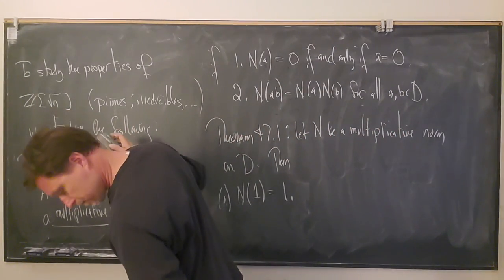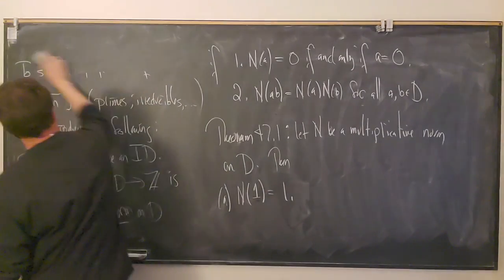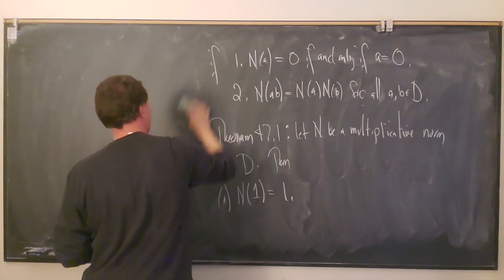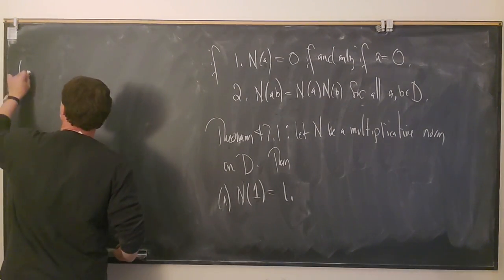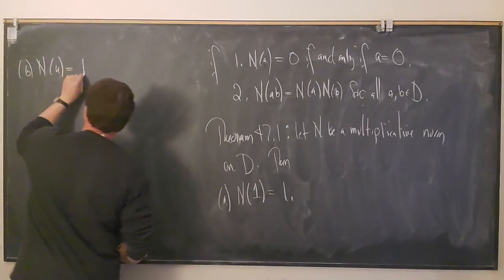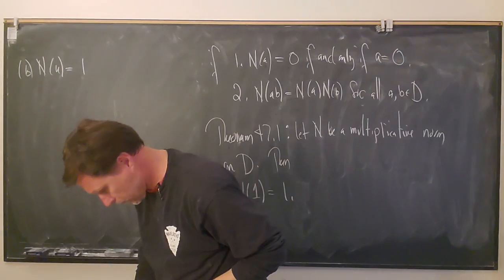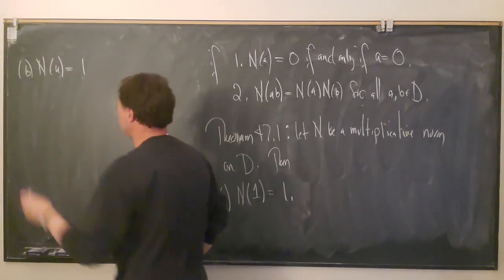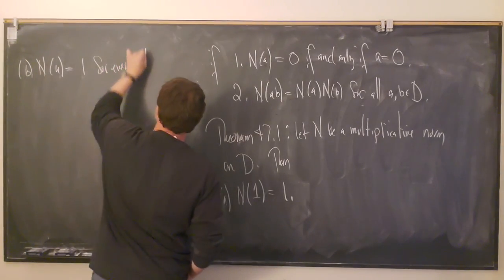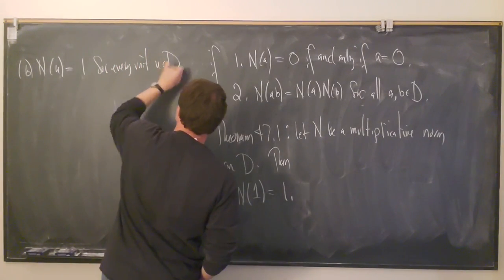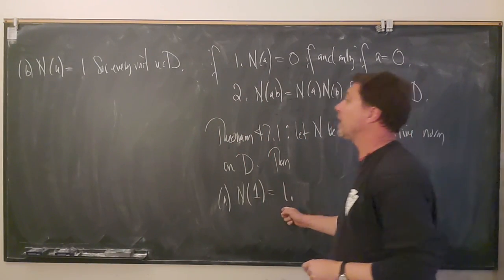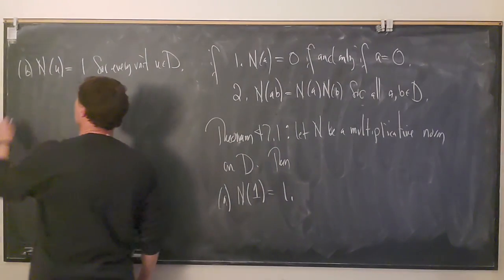Part B. N of u equals 1 for every unit u in D. So it takes the unity element to 1, and it takes every unit to 1.